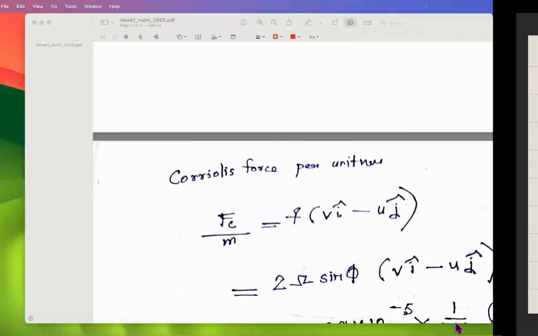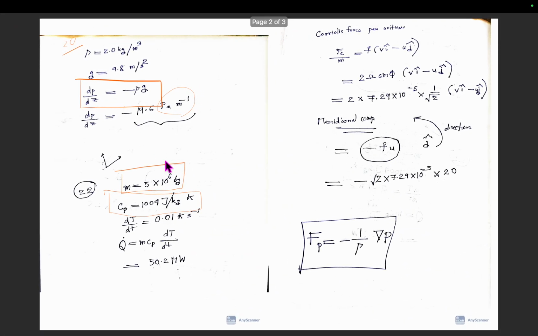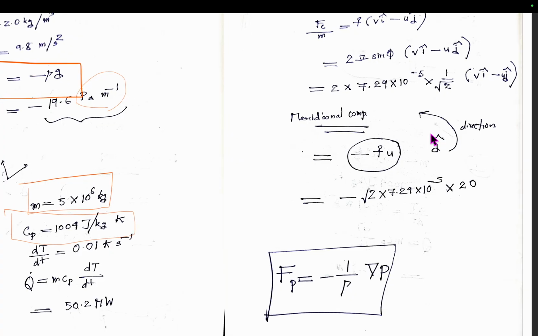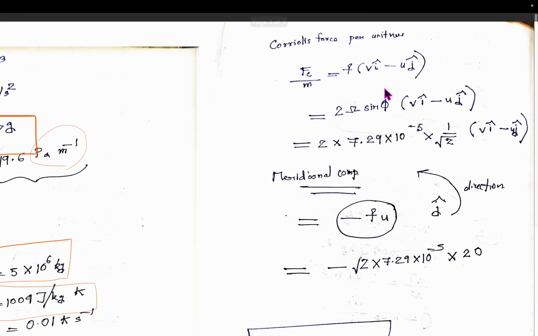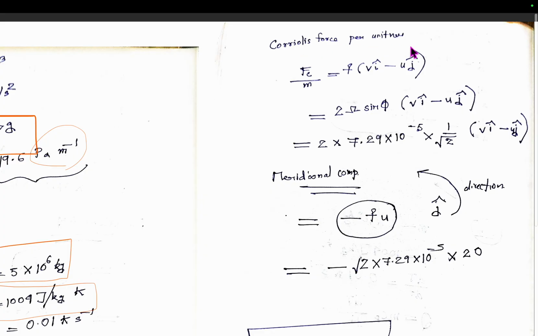For this question, the Coriolis force per unit mass has been written as a function of 2 omega sine phi into V i cap minus U j cap. In this question, V is 0 itself. There is no zonal component, only the meridional component survives.